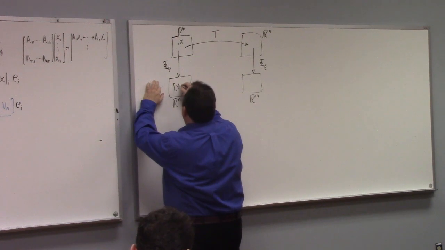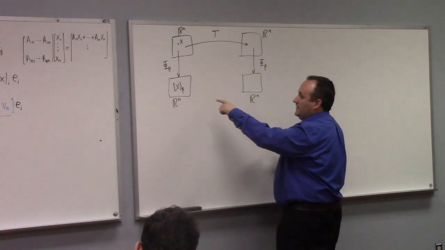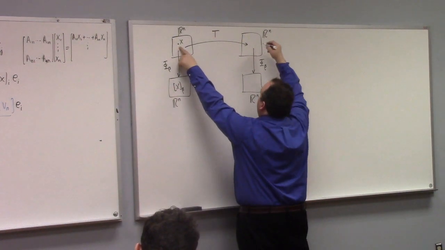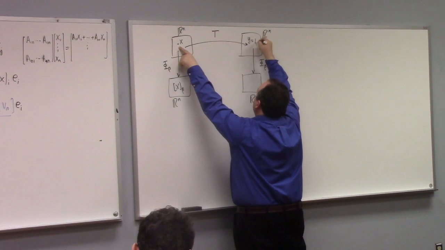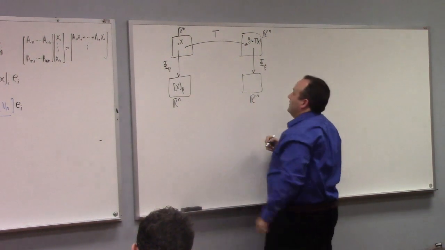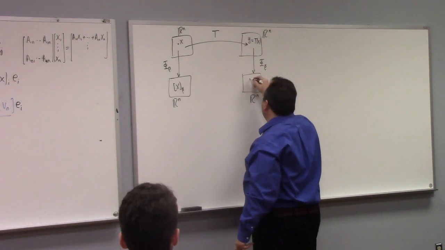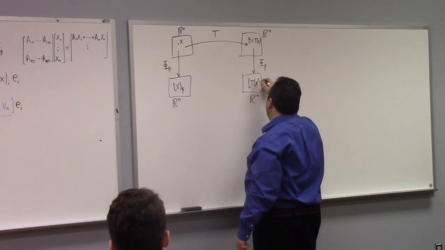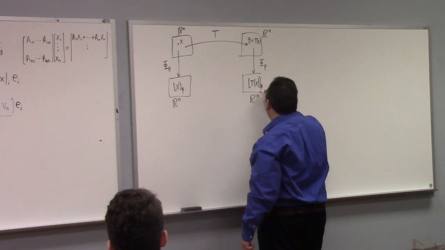Here I have the coordinate vector with respect to beta, x beta. Where does x map to? X maps over here to, let's say, y equals T of x. What does T of x map to? Well, T of x maps down here under the beta coordinate map to the coordinate vector of T of x.